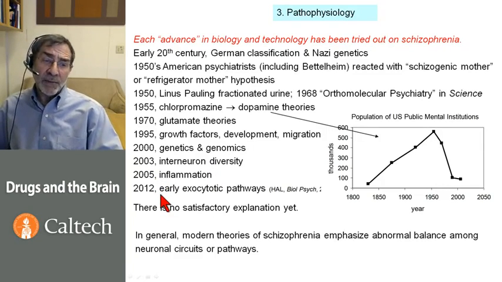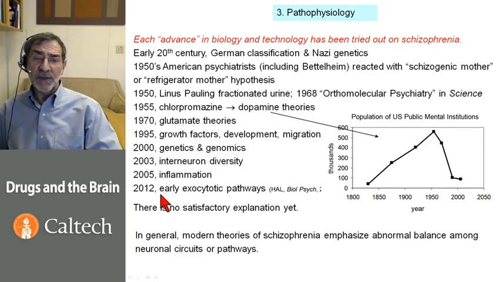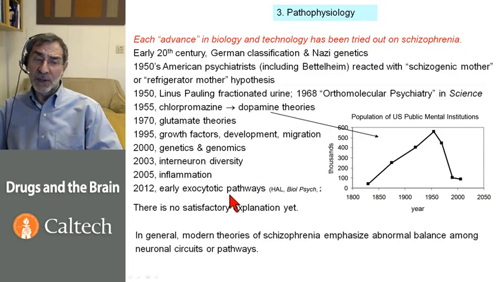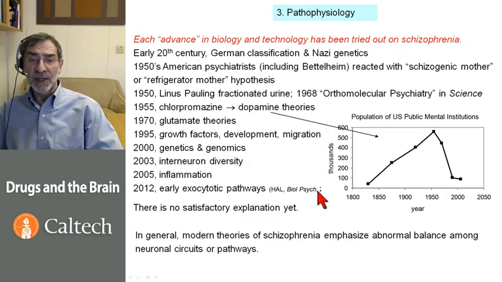I have made a minor contribution recently by suggesting that early exocytotic pathways may be defective in schizophrenic patients. That is the endoplasmic reticulum and the Golgi apparatus. This is a paper in Biological Psychiatry 2012.